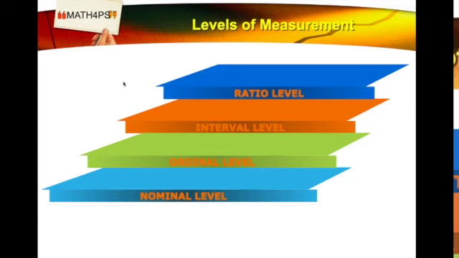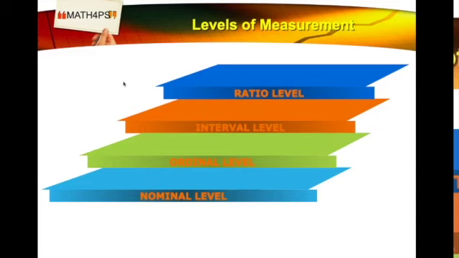Now, for example, if the temperature of one body is 80 degrees Celsius and the temperature of another body is 40 degrees Celsius, it is wrong to interpret that 80 degrees Celsius is twice as hot as 40 degrees Celsius. But we can only tell the exact difference between these two values: that 80 degrees Celsius is 40 degrees Celsius higher than the other temperature, which is 40 degrees Celsius.